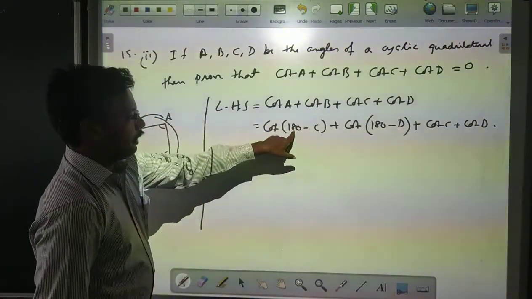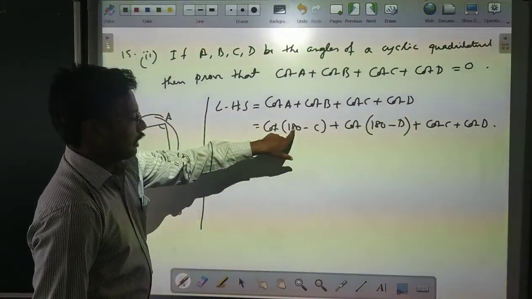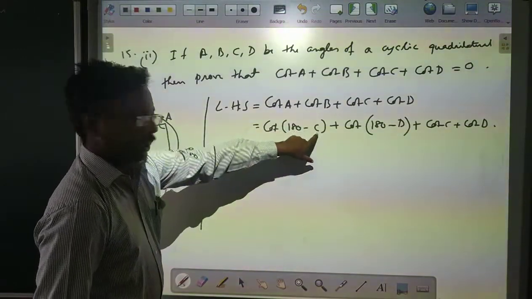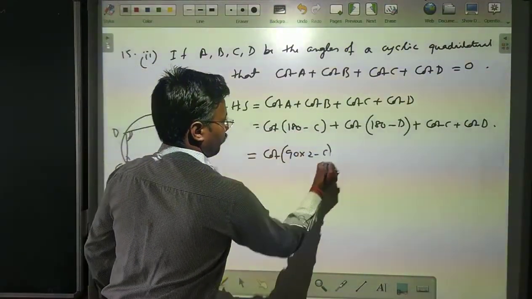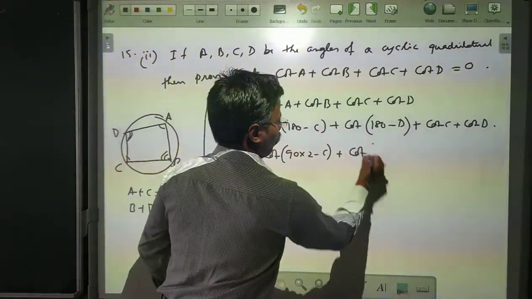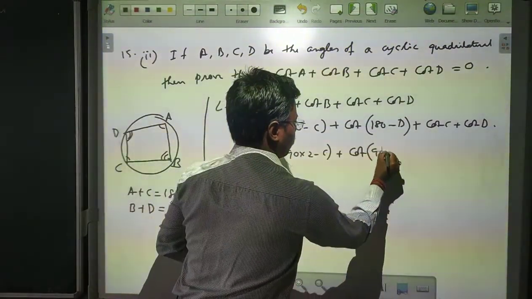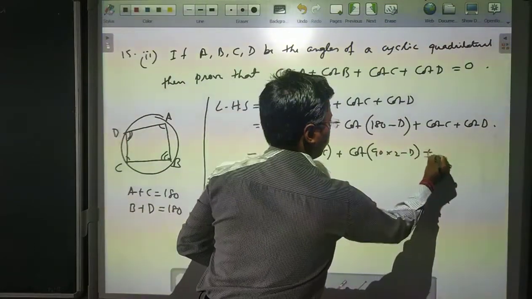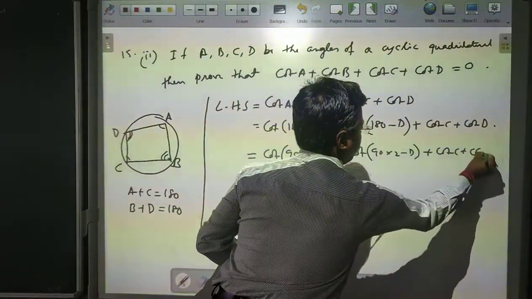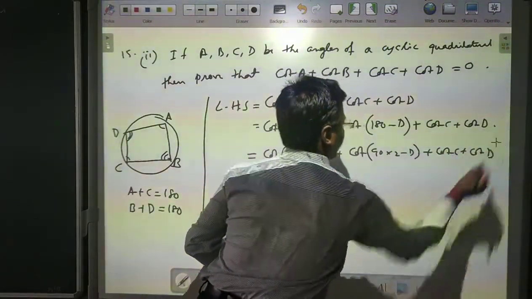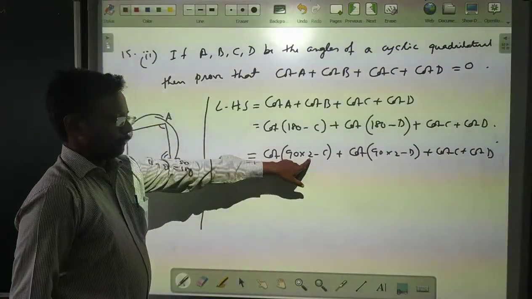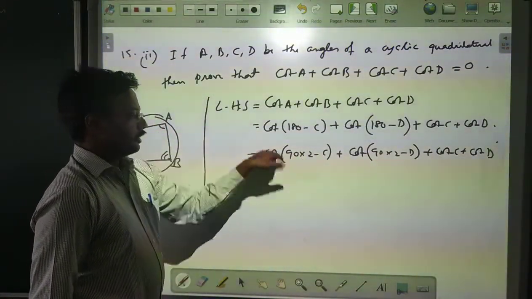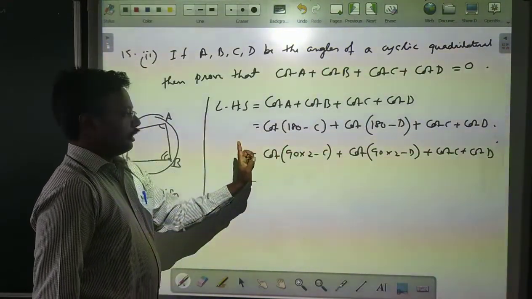Now, 180 degrees minus C can be written as 90 into 2 minus C, plus cot. Similarly, you can write it as 90 into 2 minus D, plus cot C plus cot D. Now again n is even, and this angle lies in the second quadrant.